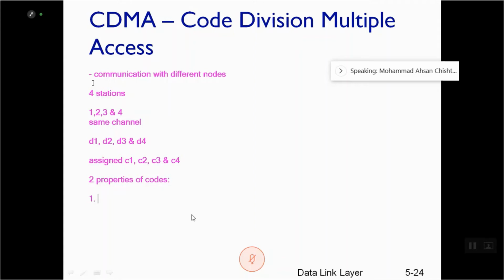The first property is, if we multiply each code by another, we get 0.